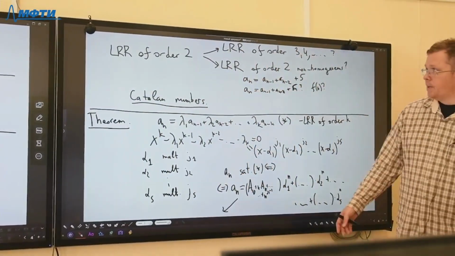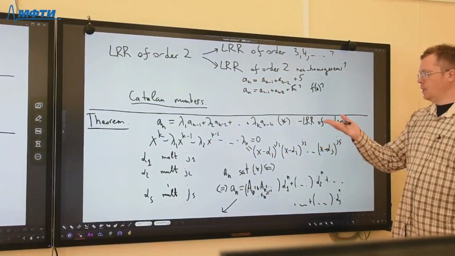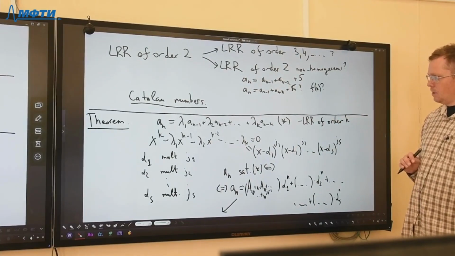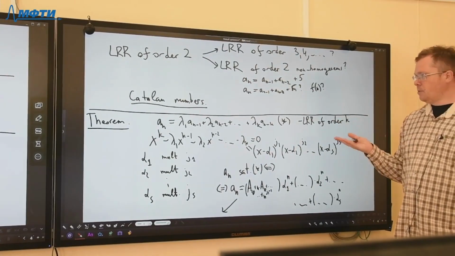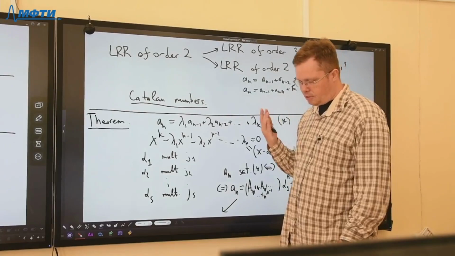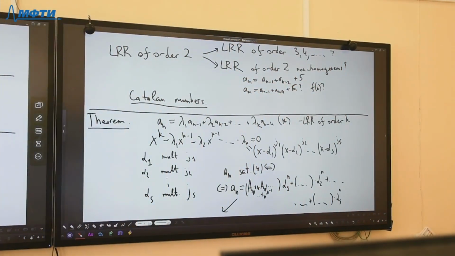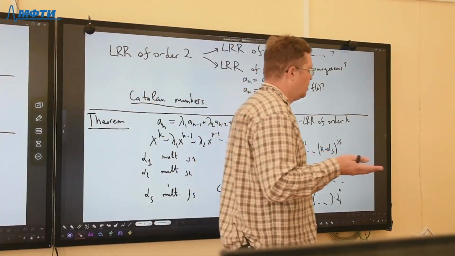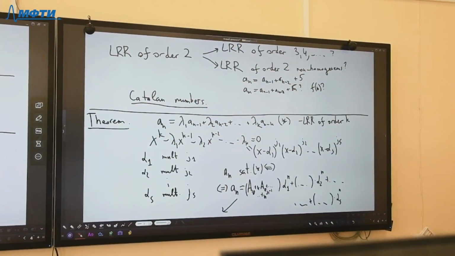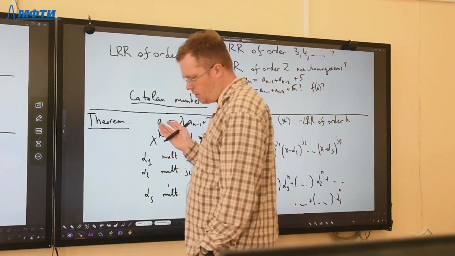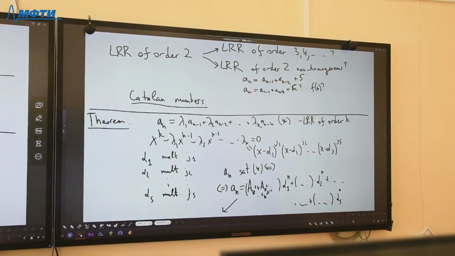Okay, so you now know what happens if we, for example, have a linear recurrence of order 3. But of course, if you have a linear recurrence of order 3 and greater, then we have a problem of finding the roots. As you know, not every polynomial of degree 5 or greater can be solved by formulas.